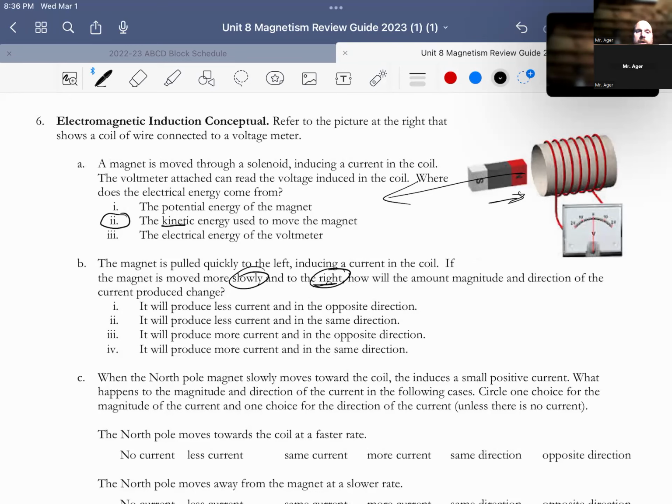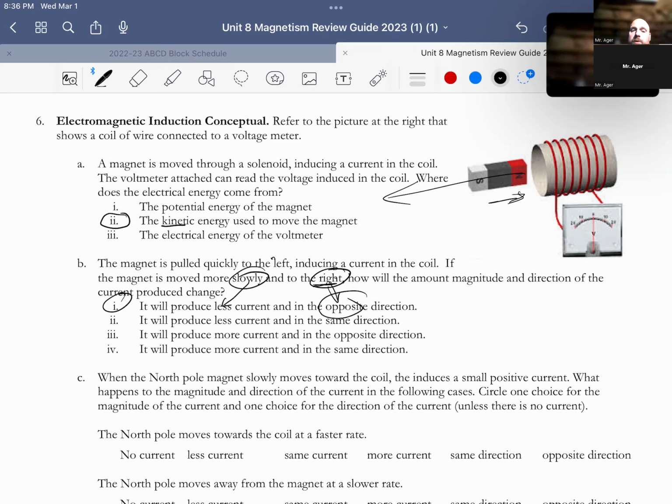It will produce less current. Slowly means less. And since it was going left, now it's going right, it'll go in the opposite direction. So it is that first one there. Less current because it's going slow, and right because it's opposite, a different direction than it was pulled before. And that will produce a different current. And that's that alternating current thing.